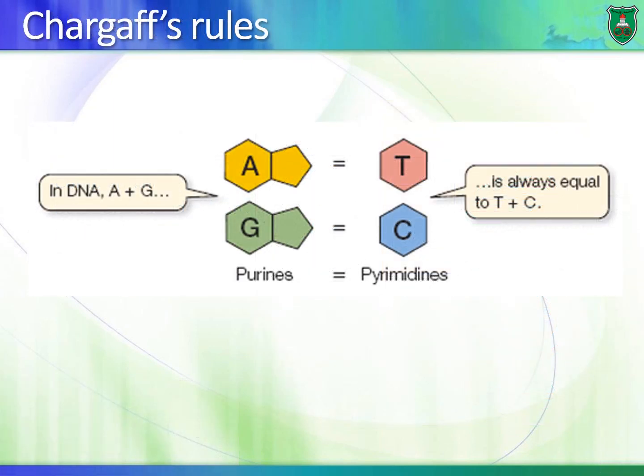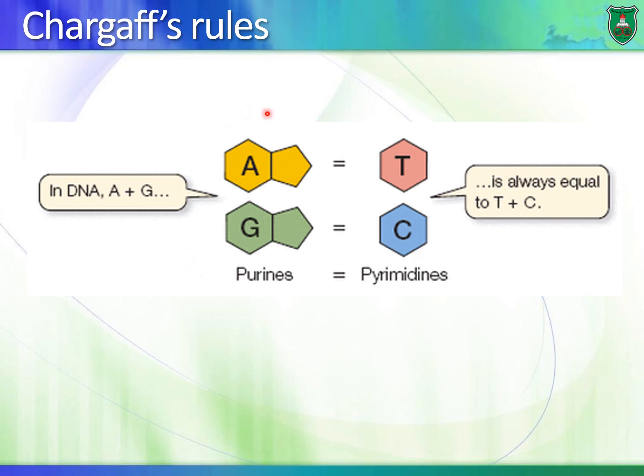Now, there's a scientist known as Chargaff, I think he was Russian, and he noticed in the 1940s something really interesting about DNA molecules, and that is the number of A's is always equal to the number of T's, as nucleotides. And the number of G's is always equal to the number of C's.